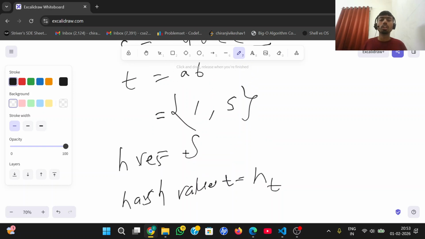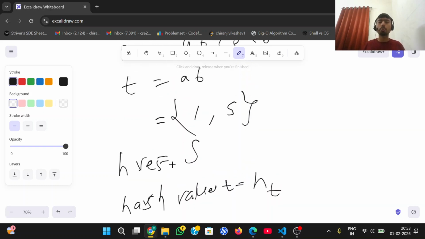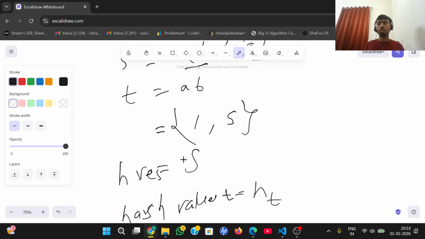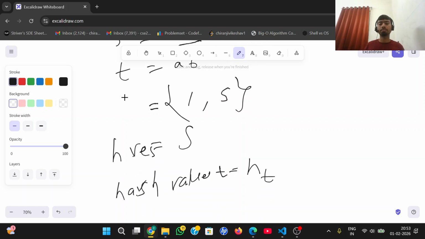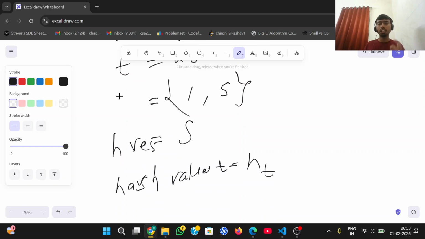Now in this hash vector you have to iterate with a sliding window of length t, the length of string t, and you have to check whether that substring has hash value the same as ht or not. If that substring of the same length as string t has hash value equal to ht, then you can put its start index in your answer vector.